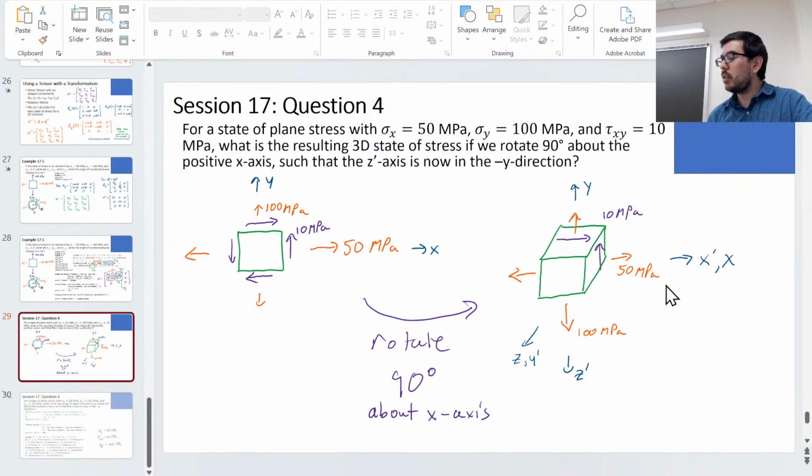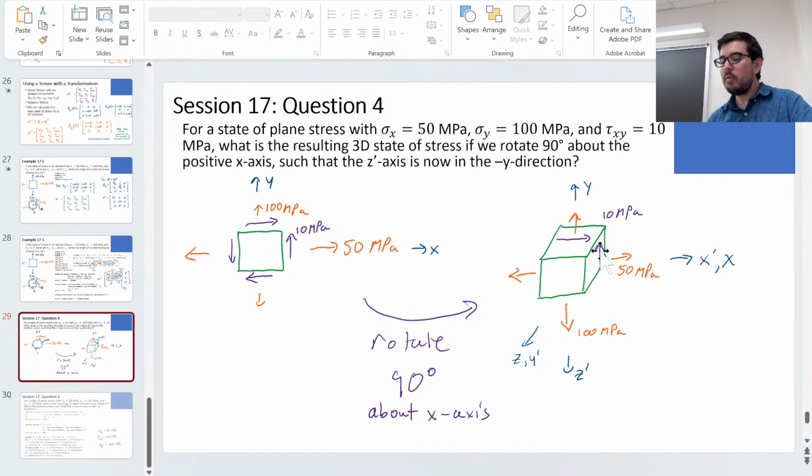This is what I sent out in the group meeting. So this is x prime, x, y is up originally. But now y prime is coming out, z is originally coming out, and then it becomes z prime going down. Now the question is, we're interested in tau x prime z prime. Where is the x prime face? This one right here. Which direction is z prime in? It's the bottom one.